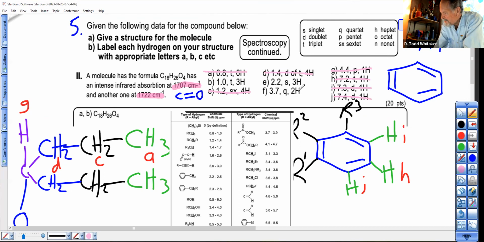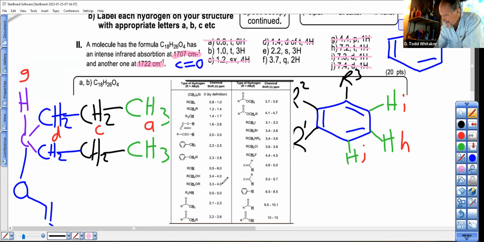3.7 quartet 2H. I'm thinking about the other oxygen here with the 3.7. Quartet 2H. That looks like this area, doesn't it? 3.7. Now, how do I know it's not the alcohol? I know it could be this hydrogen here, the 3.7, but it can't be this in my molecule because I don't have a 1H broad singlet listed anywhere.